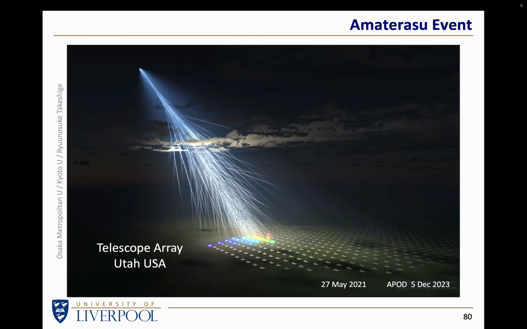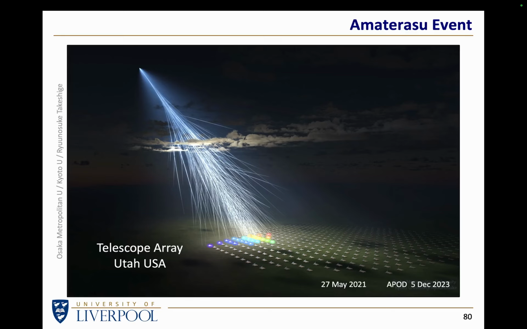The most energetic event was called the oh my god particle, because when the scientists first saw it, they could not believe that one particle could carry so much energy, and they're still struggling to understand how it can get so much energy in the first place, and how it can arrive at Earth not having lost any of that energy. This was the second most energetic event of a few months ago, called the Amaterasu event.